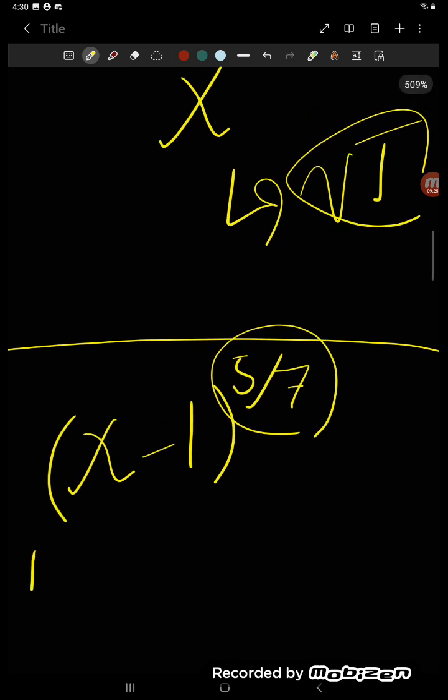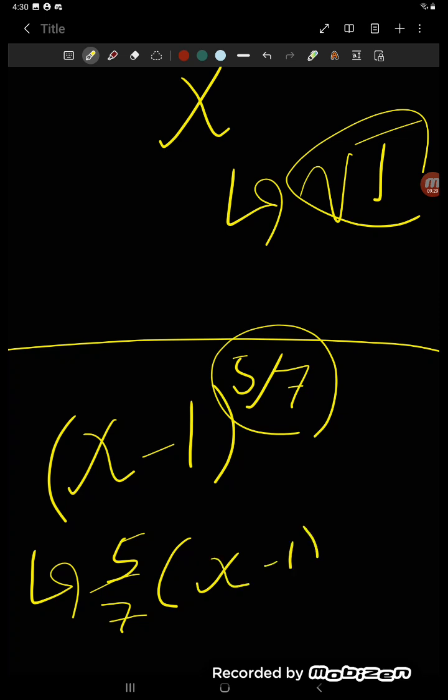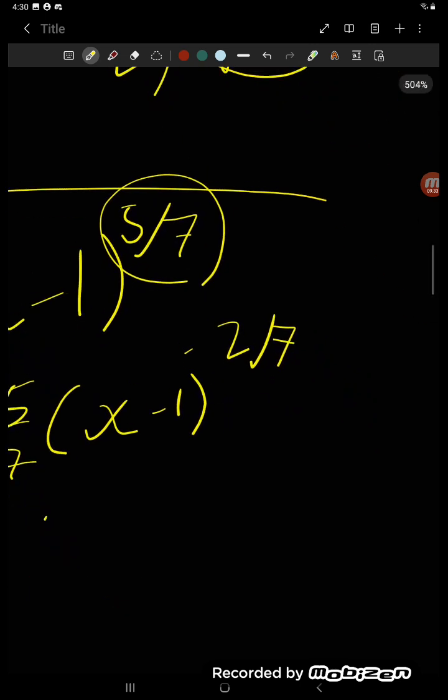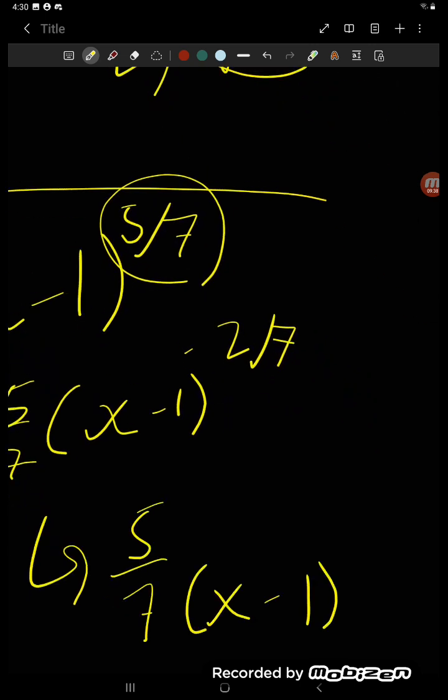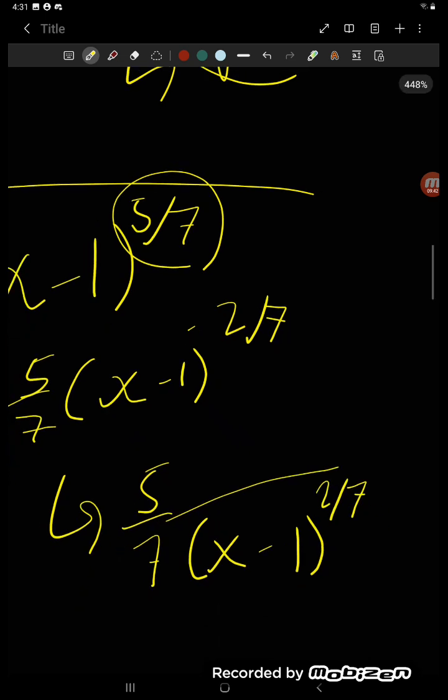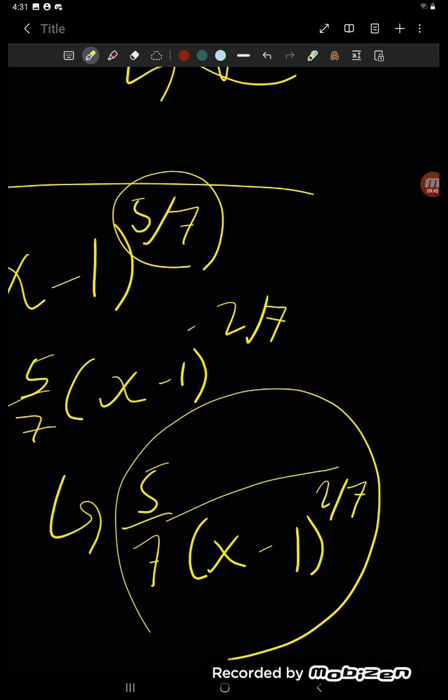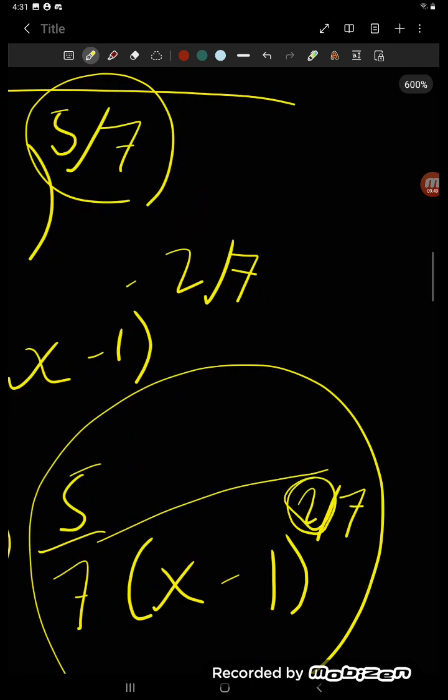When you take the derivative for it, let's say we have 5 over 7, x minus 1, so that's going to be negative 2 over 7. Let me just write this down one sec. All right, when you draw the graph for this, or on a graphing calculator or whatever, because it's an even number, whether you plug in a negative number or a positive number, from the left side or right side, you're going to have the same direction. That's the fun part.